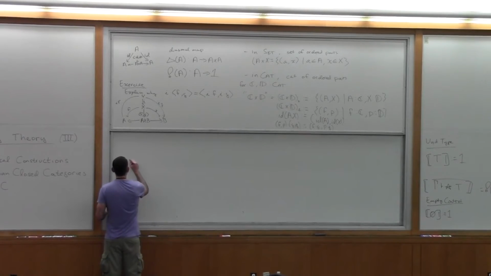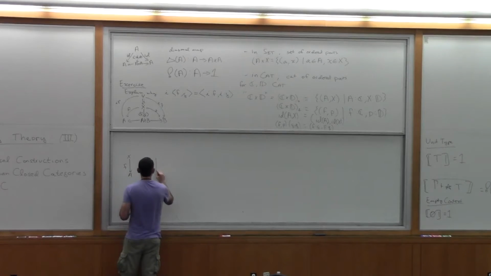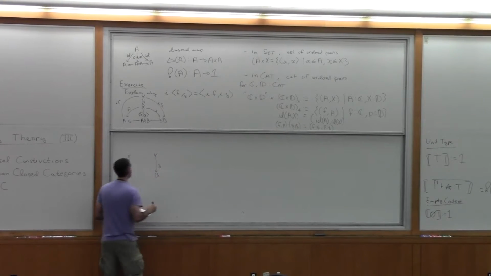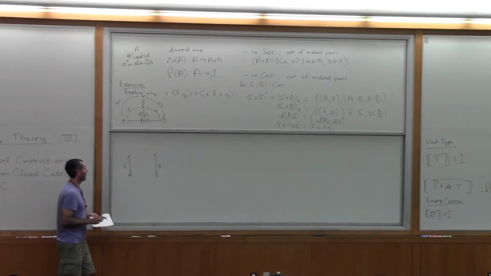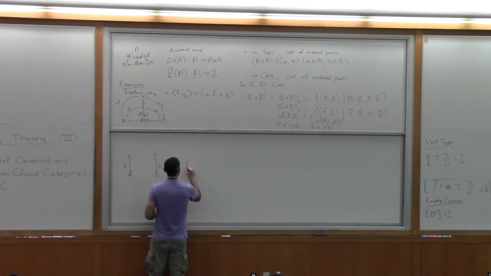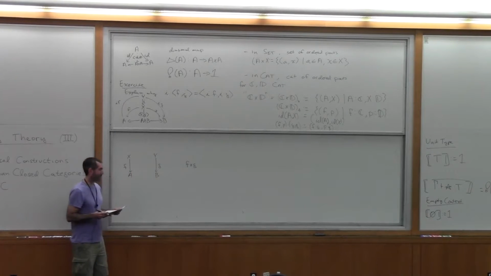So say I have an arrow F that goes from X to A, and an arrow G that goes from Y to B. I want to come up with some notion of the arrow F cross G. So first of all, what do you think should be its domain?